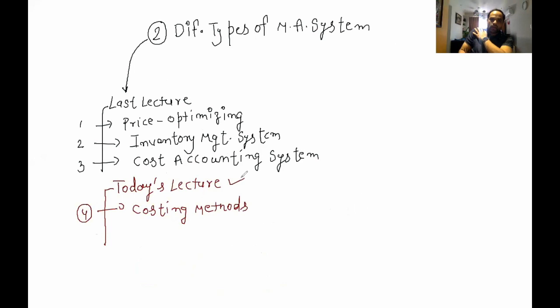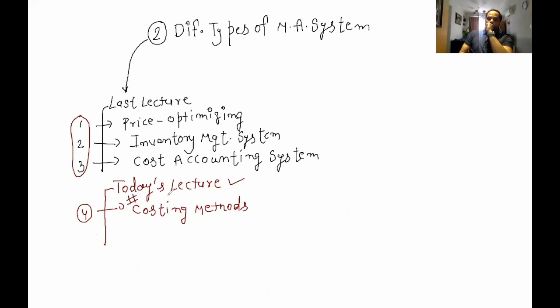Remember, in the previous session, we forgot to cover a costing method, which is job costing. So the fourth thing is costing method. Remember, we are still on the second session for your learning outcome one.